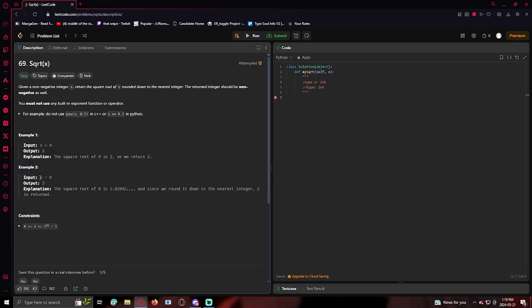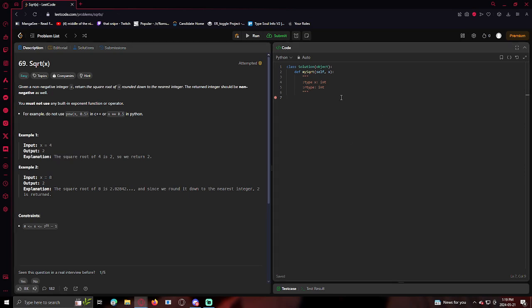For example, 2 squared is 4, but 3 squared is 9, and 9 is bigger than 8, so when you round down, 3 cannot be the square root, but because 2 is the biggest integer, when you round down, 2 will be the square root, right?